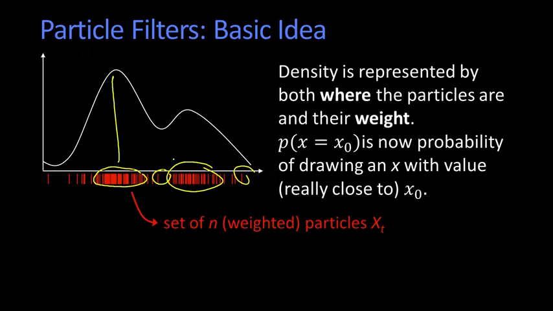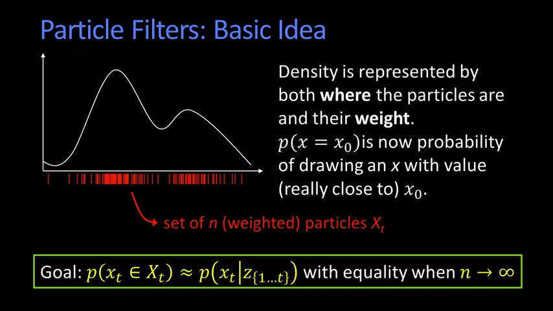Okay, and that's what it means to use samples or particles to represent a particular density. And if you're doing that, then your overall goal is that as n gets bigger, the probability of getting a point from this distribution, that's x as an element of x_t, is approximately what the underlying probability was.